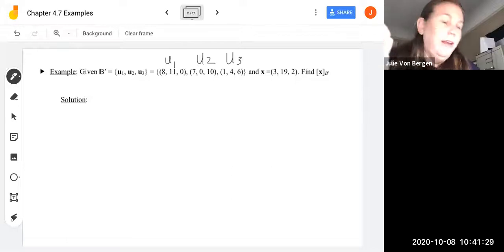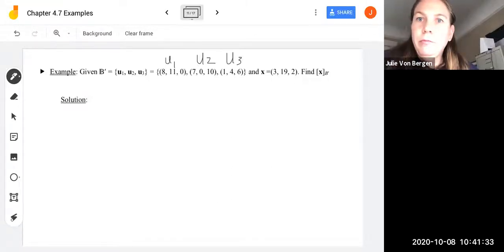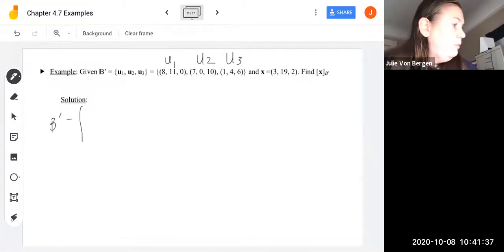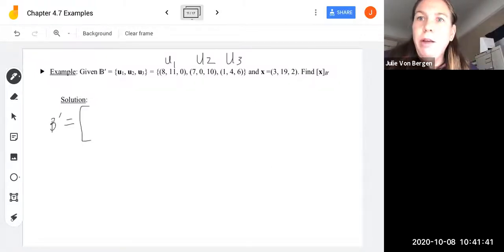So we're going to set up matrix B prime. Matrix B prime is going to be the column vectors associated with U1, U2, U3. So it's going to be 8, 11, and 0, 7, 0, and 10, reading column-wise, and 1, 4, and 6.